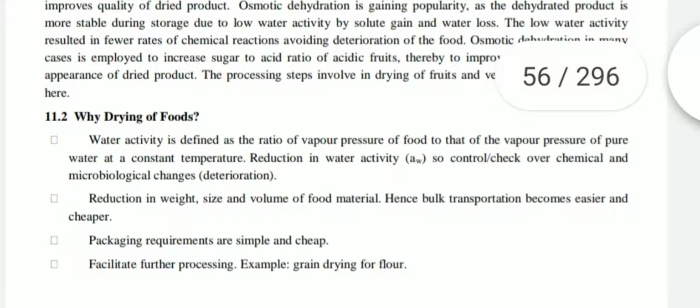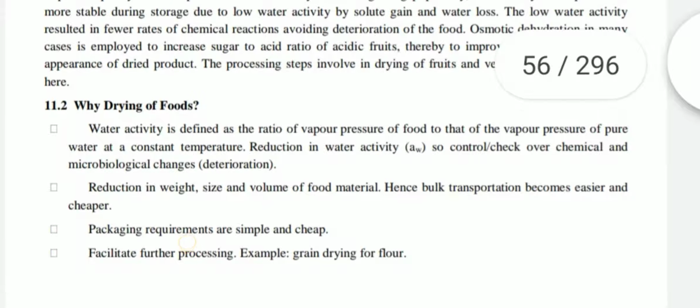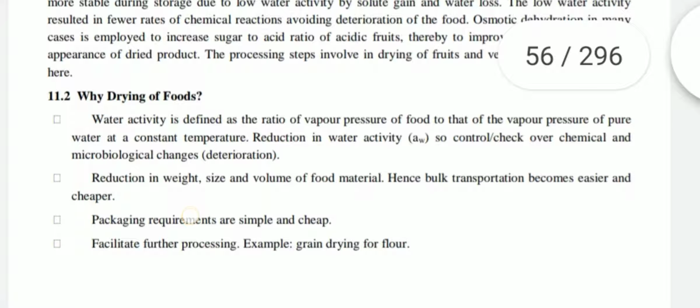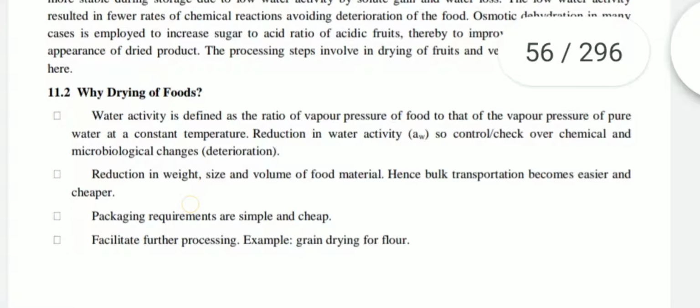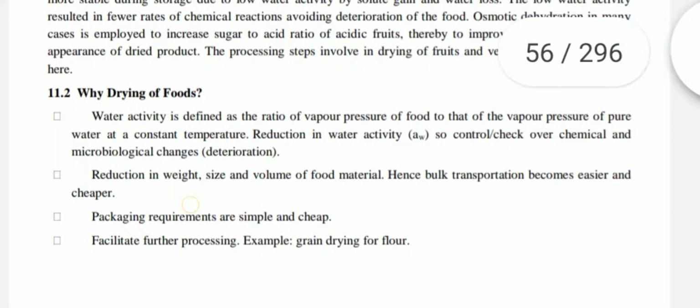So, water activity is the ratio of vapor pressure of the food compared to vapor pressure of pure water. Now, reduction in water activity controls the chemical as well as microbial changes, as we have already discussed.